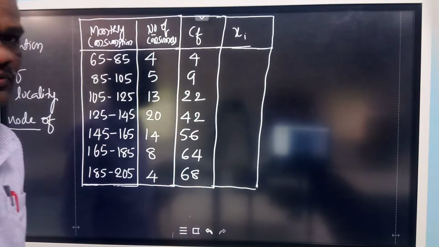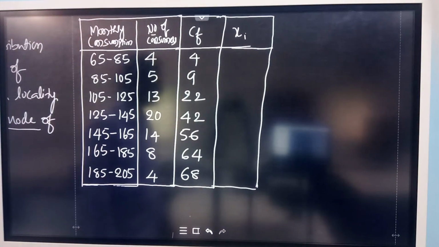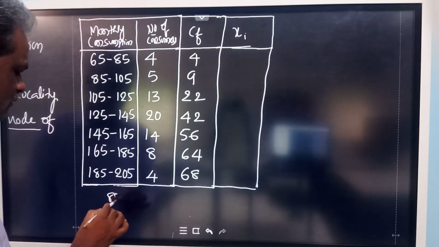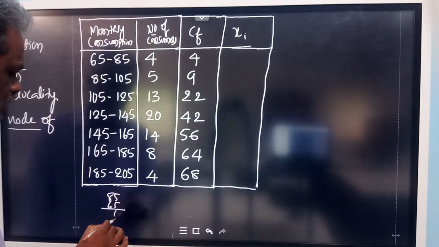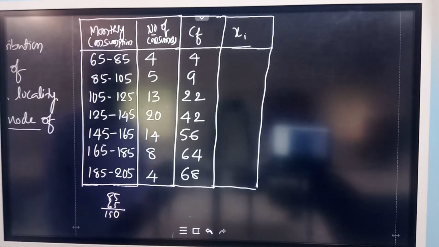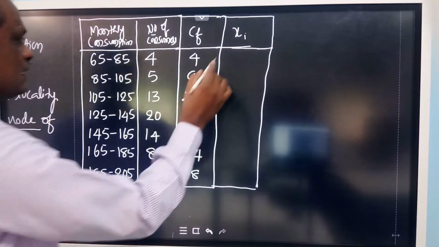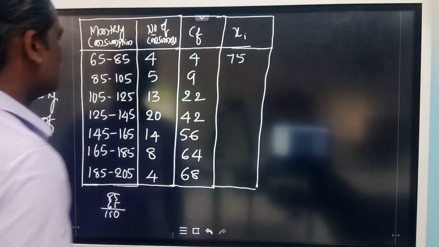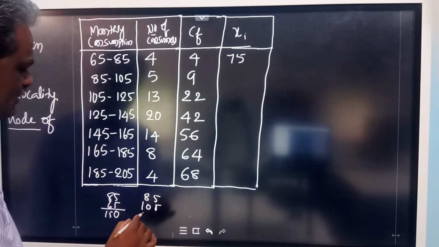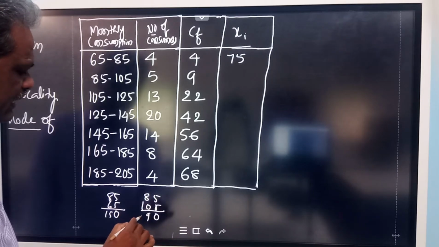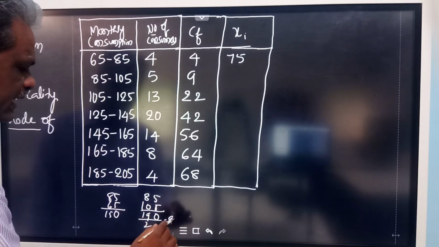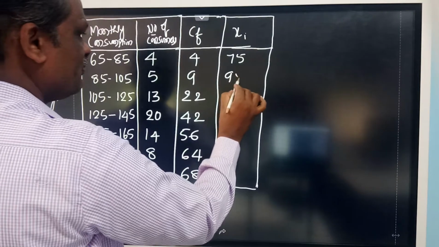Here, 65 and 85, add these two numbers: 150. 150 divided by 2 is 75. The midpoint is 75. Similarly, 85 and 105, add these two numbers: 190. 190 divided by 2 is 95.